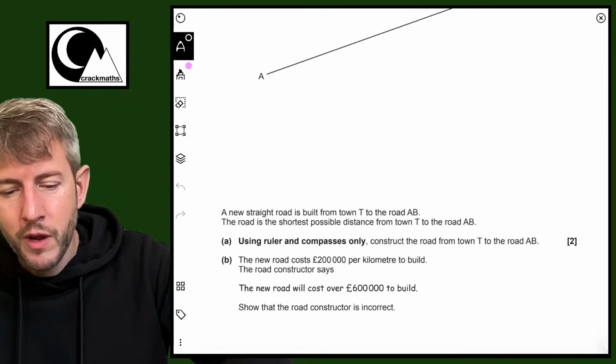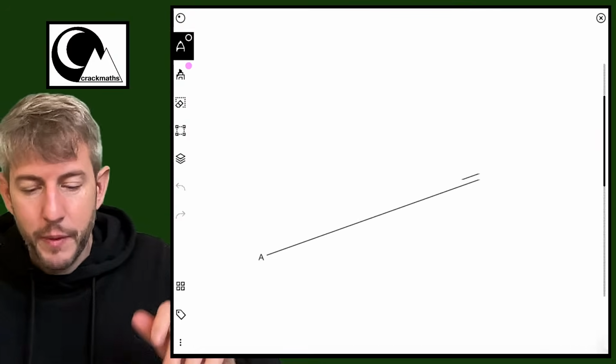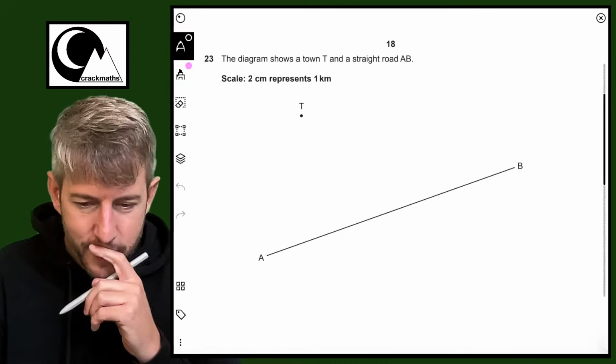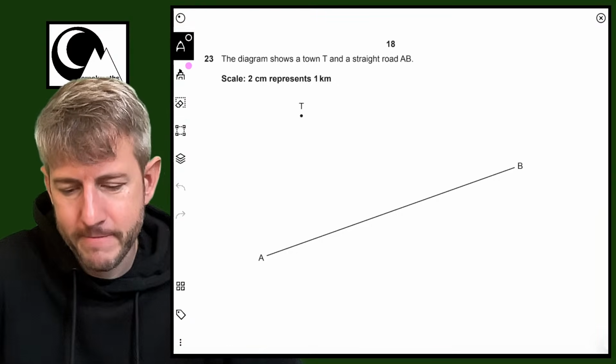Okay, right. So it's going to be a bit difficult to show you this, but I'm going to make the arcs that you would need.